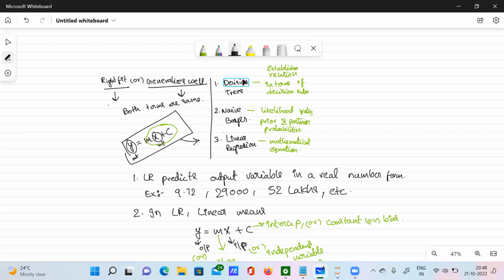But in decision trees, it's not the scenario. Why? Because here the relation between the input and the output variables will be established using some kind of decision rules, right? What do you mean by those decision rules?